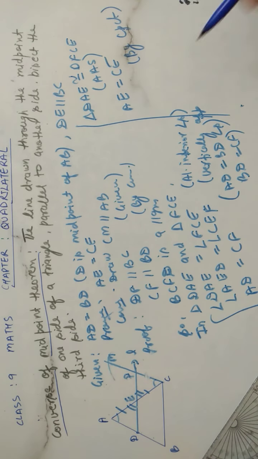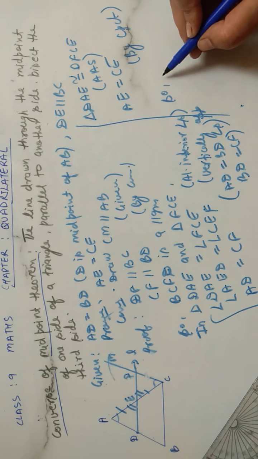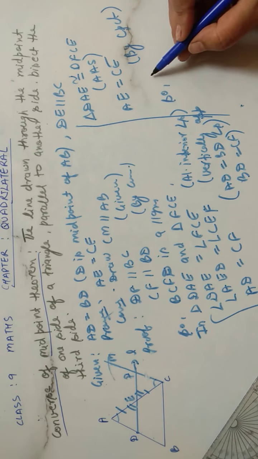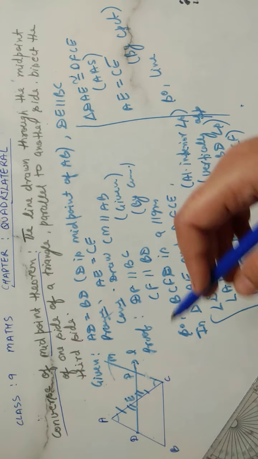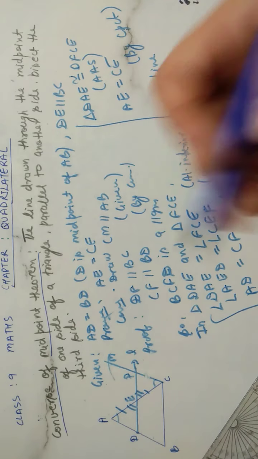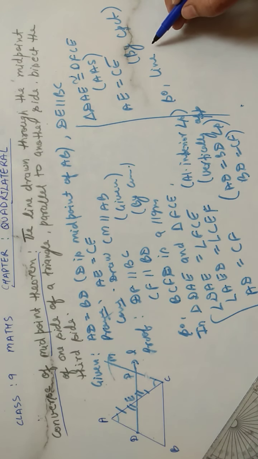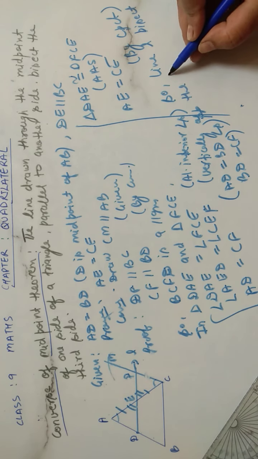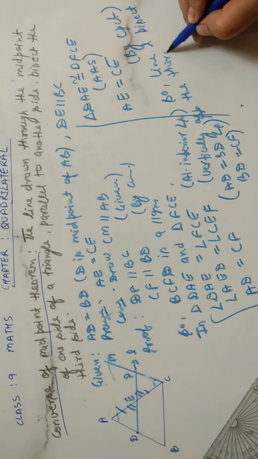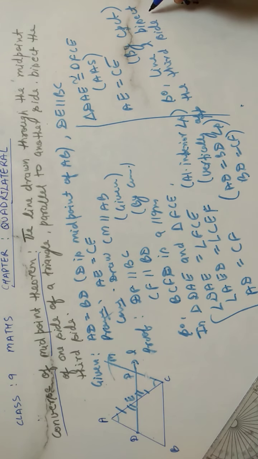So we can say that line L, that is DE, bisects the third side AC, or E is the midpoint of AC. So this is the converse of the midpoint theorem.